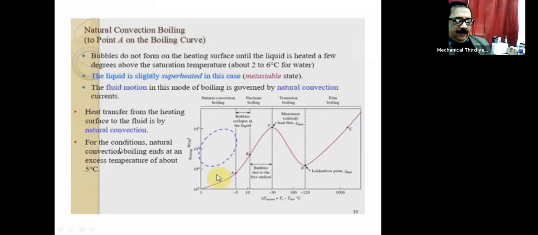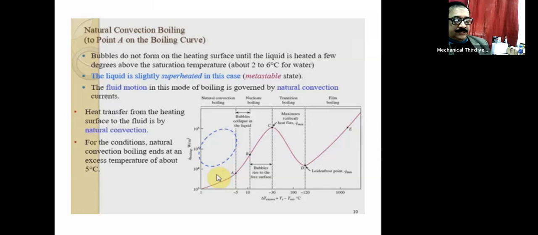Now, for these conditions, natural convection boiling ends at an excess temperature of about 5. After that, natural convection no longer takes place; up to this 5 degree difference, that mode of heat transfer takes place in this particular water.